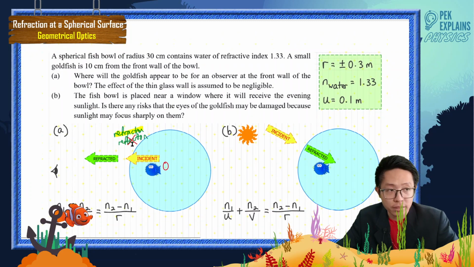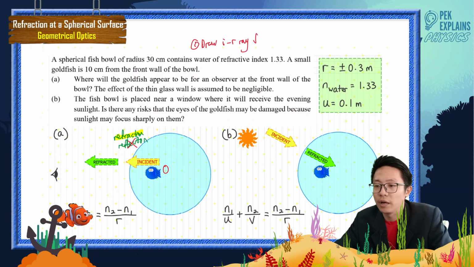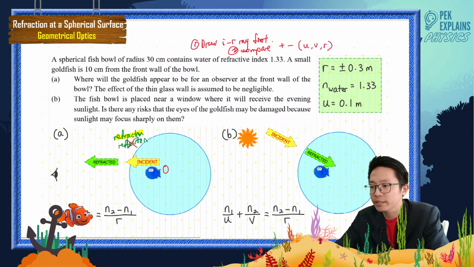So my method is, you must always draw the incident ray and refracted ray first. This is the priority. Understand or not? My first step is to draw the IR rays first. Only in the second step do we compare to get the positive or negative signs for the object distance, image distance, and radius.